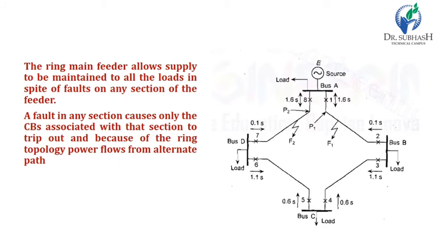In the third case, we discussed the ring main feeder, where, if a fault occurs in any of the feeders, the fault current chooses the alternative path.